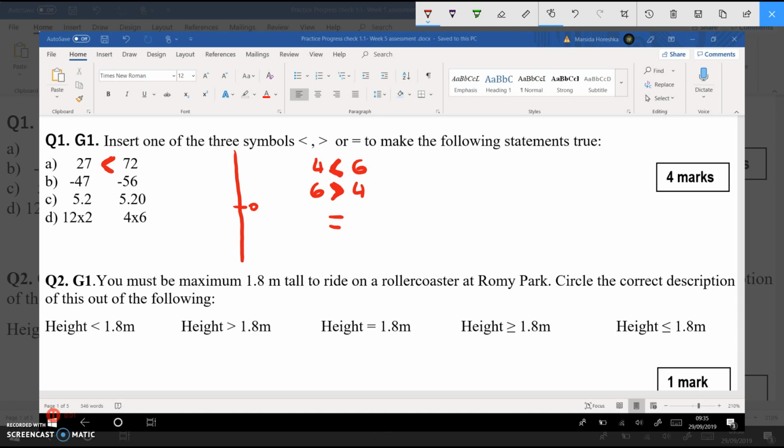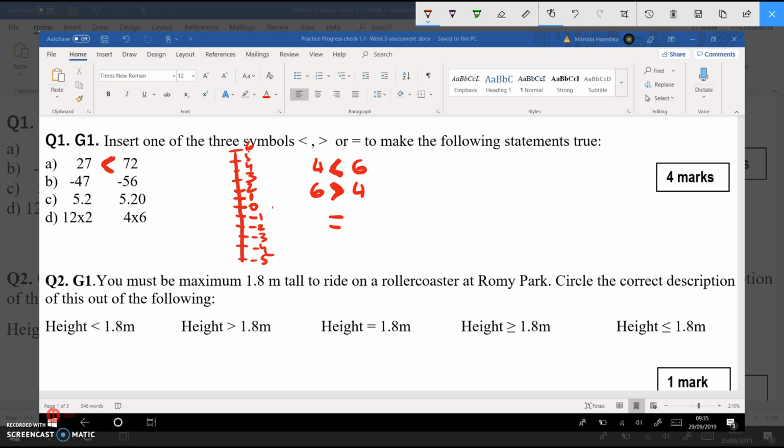number line. So if we have a number line here or thermometer, we go 0, 1, 2, 3, 4, 5, 6, and so on. So the numbers will go up. Whereas under 0, we've got the negative numbers, so we go to minus 1, minus 2, minus 3, minus 4, minus 5, or negative 5.